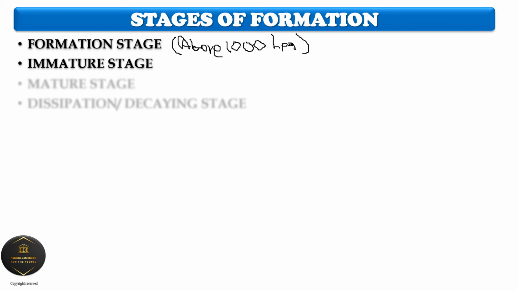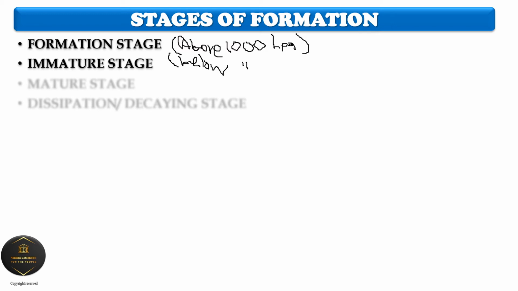So in the immature stage, our pressure is starting to decrease. So it is basically starting to be below this 1000 hectopascals, right?